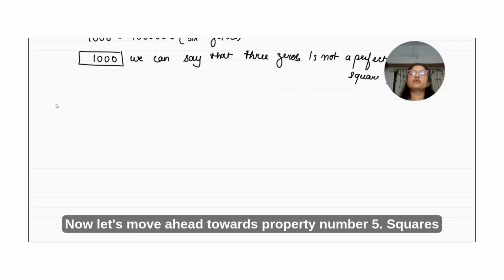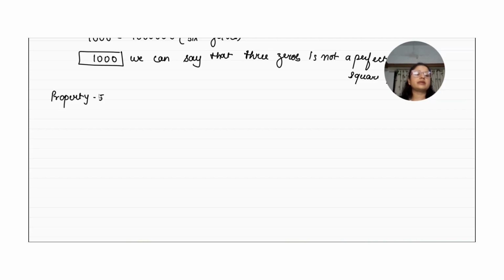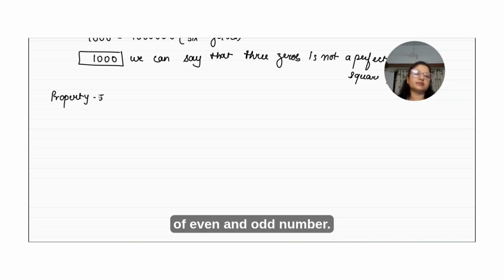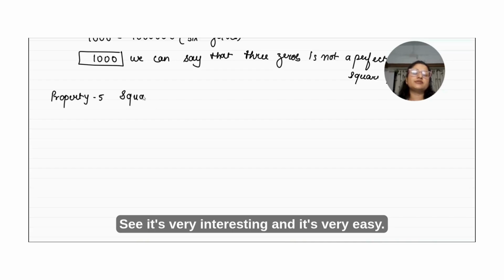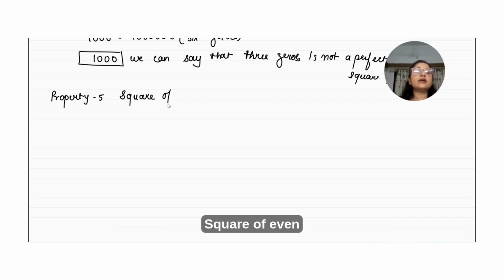Now let's move ahead towards property number 5: squares of even and odd numbers. See, it's very interesting and it's very easy.